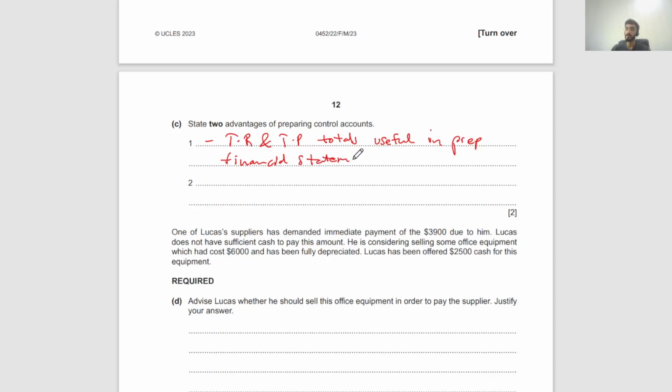Of course, write it out completely and nicely. Trade receivables and trade payables totals are useful in preparation of financial statements. So they help us in finding these totals.